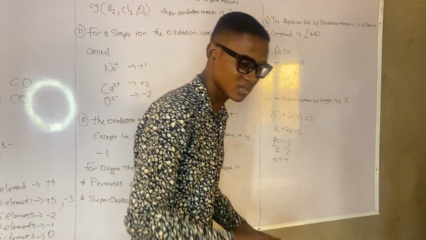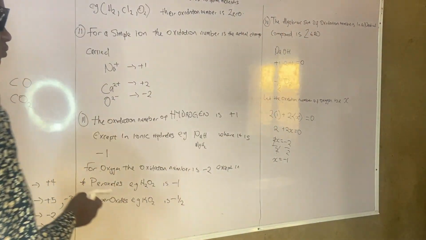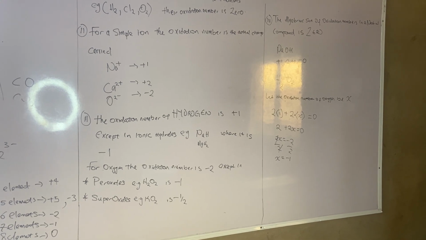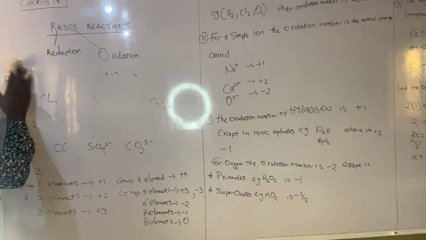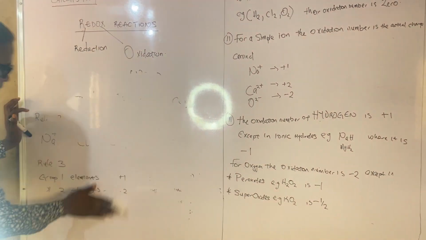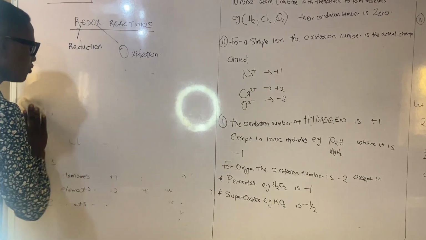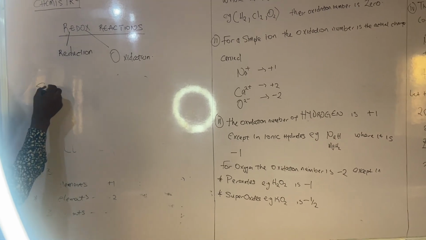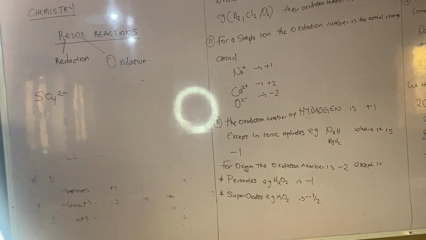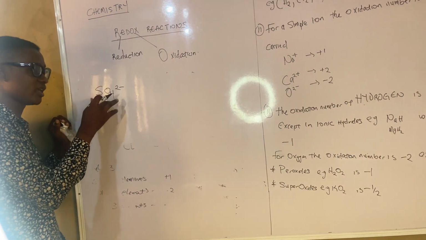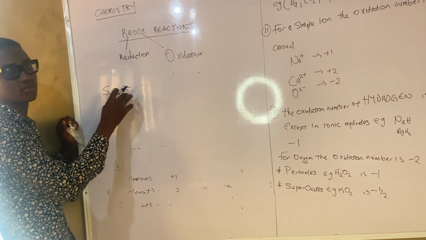For example, when we have ionic compounds like SO4 2-, if you add the oxidation numbers of sulfur and oxygen here, it will give you minus 2.